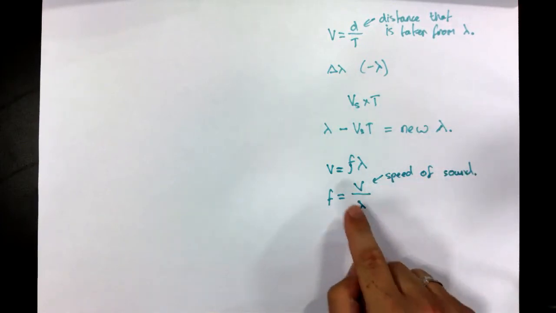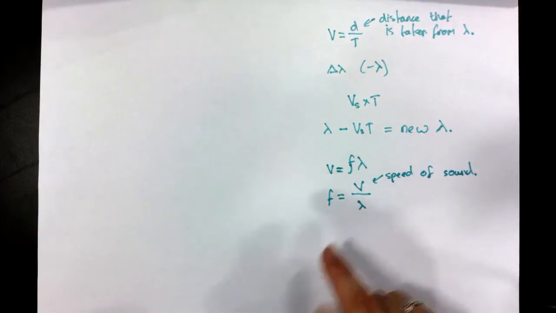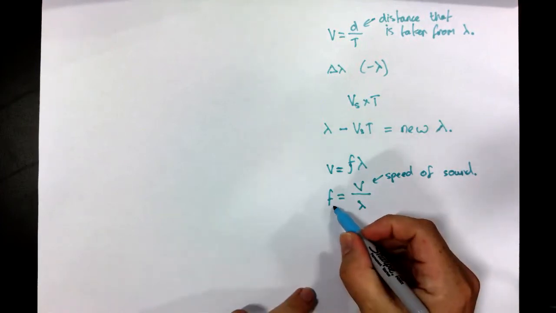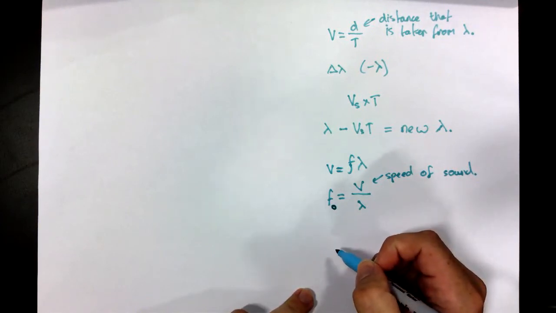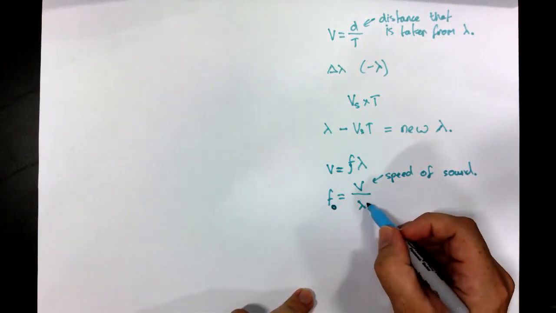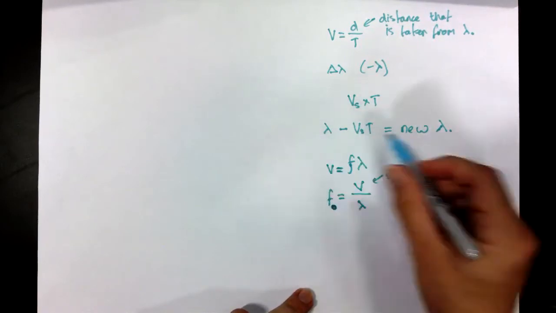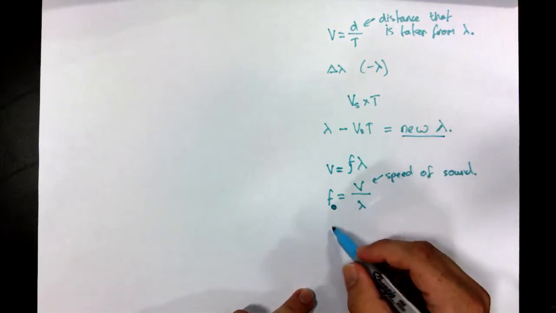And then what we can do is write in a change here for the observed frequency. How does that change? Because the observed frequency has a different wavelength, and we have a term for our new wavelength, we can put that in there.